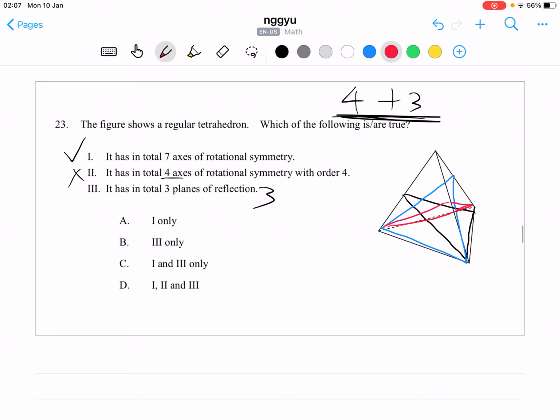So we have 3 more planes of reflection that are not splitting it from the top of the tetrahedron. So 3 is wrong. The total number is 6. So only 1 is correct. Answer A.